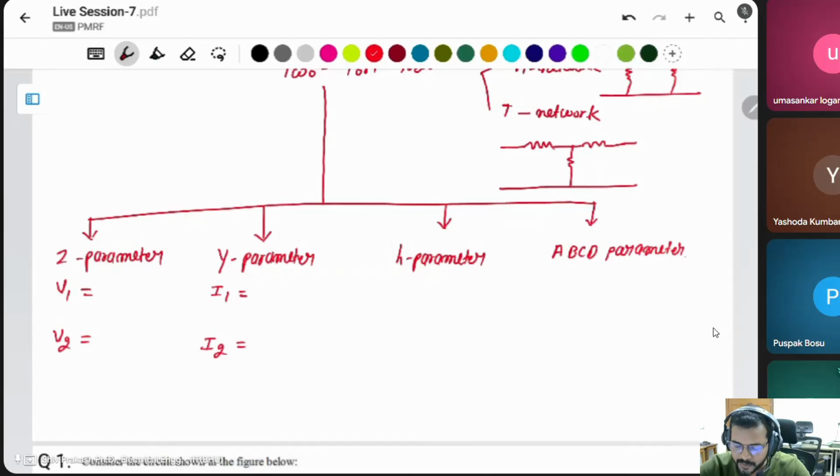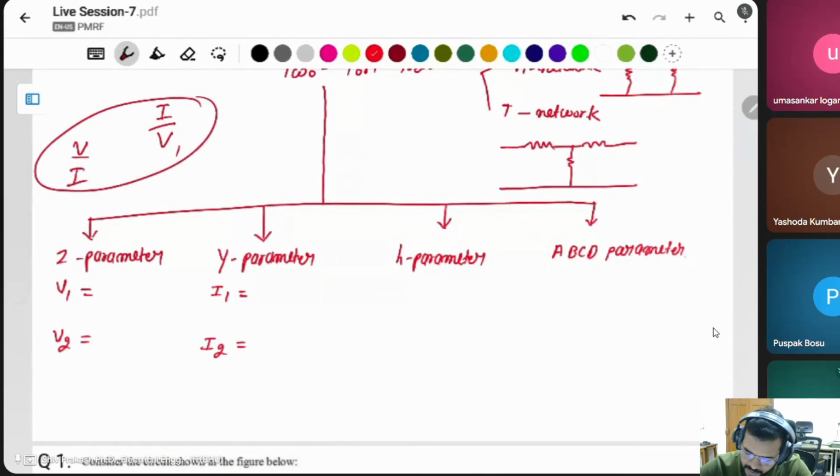Admittance means I by V, and impedance is modeled as V by I. That's why this one is modeled as V1 V2 and this one is I1 I2. H means hybrid. Hybrid means both impedance and admittance, that's why this is mentioned in both I1 and V1 and I2.